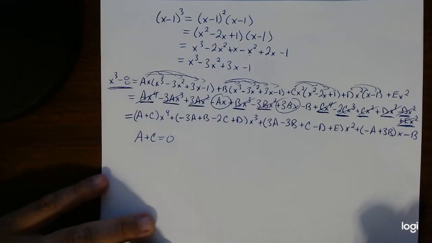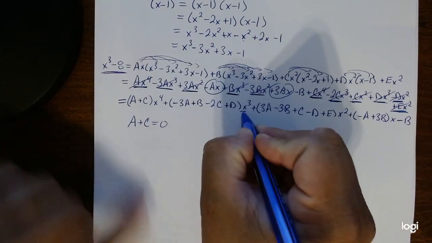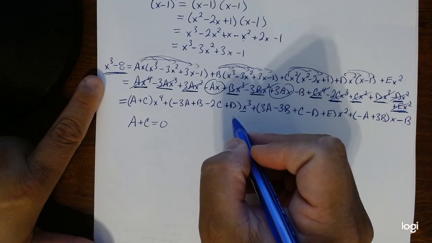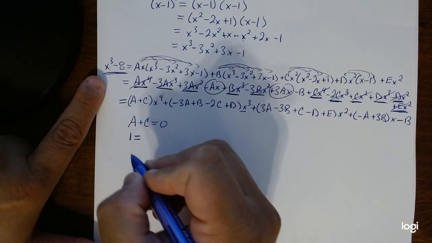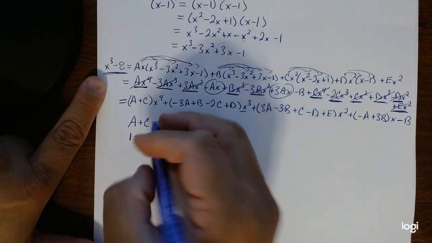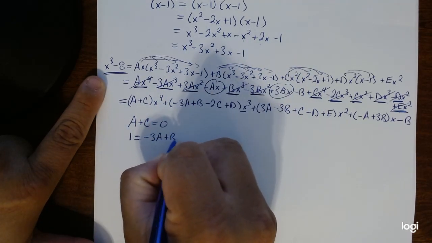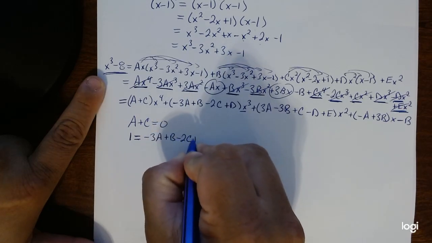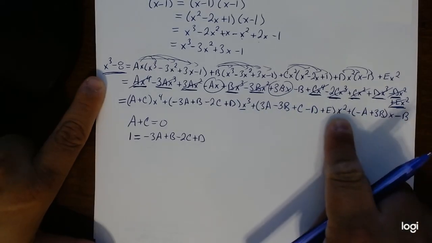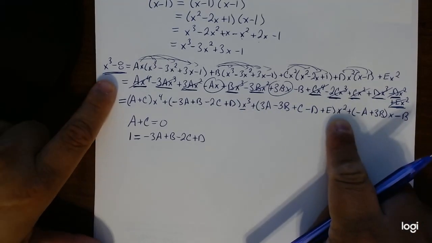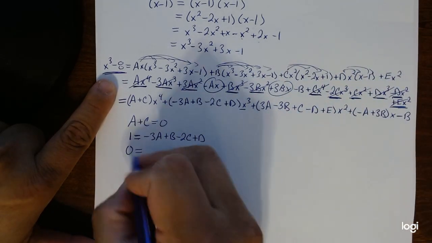And we use that same pattern going down. So therefore, we do have x to the thirds. That's the single variable of 1. So 1, because that's the coefficient in front of x to the third, must equal this whole mess here. And now again, going down, x squareds, well again, we don't have any x squareds, so all of this must also equal 0 because we have 0 x squareds.